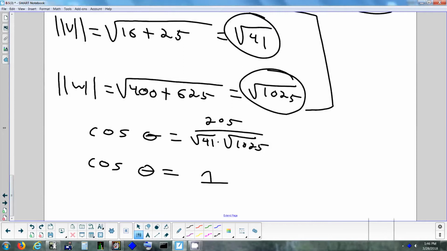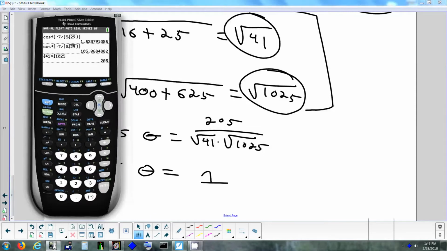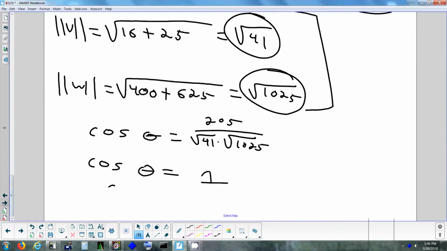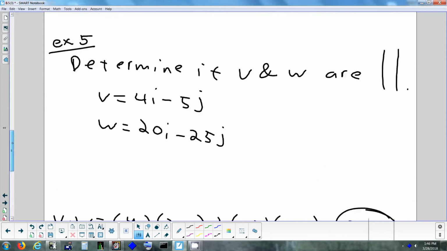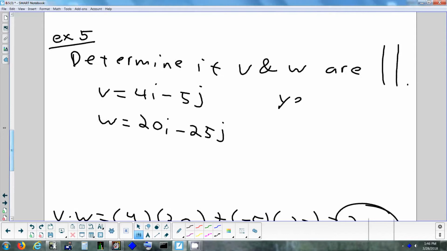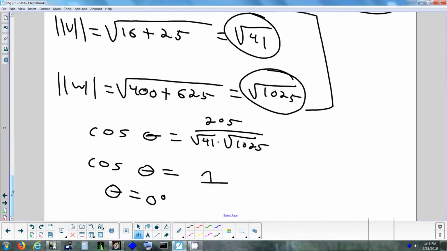And if you take the inverse cosine of each side, you get an angle of 0 degrees, which is one of the two cases for being parallel. Okay, so the answer here is yes, these are parallel. Okay, any questions on that?